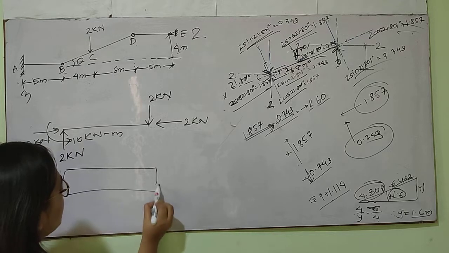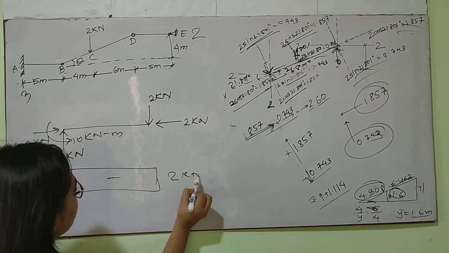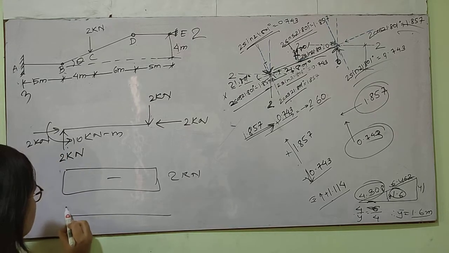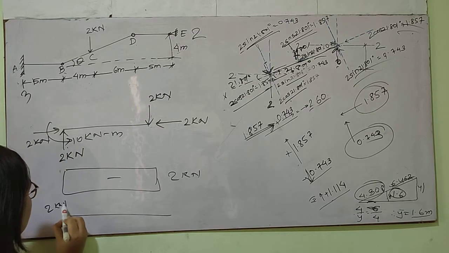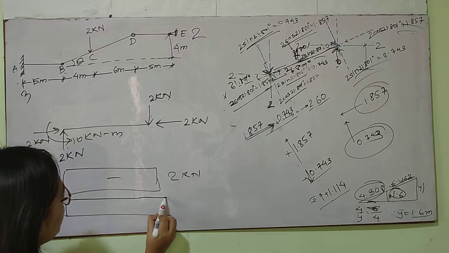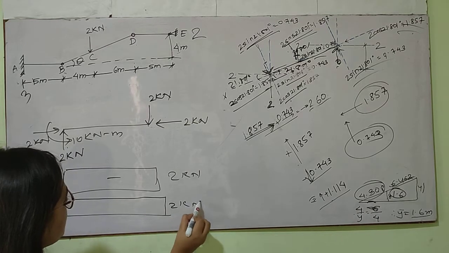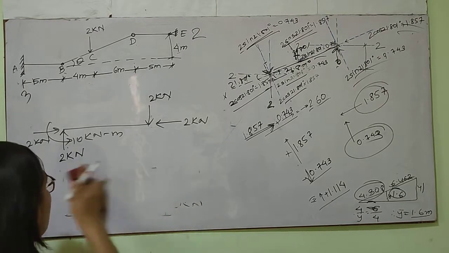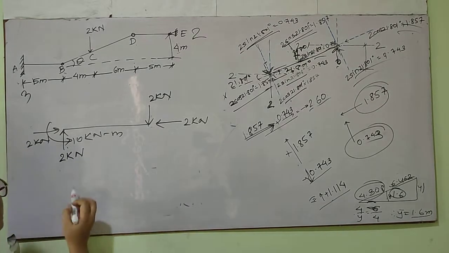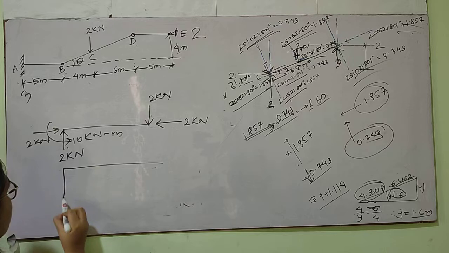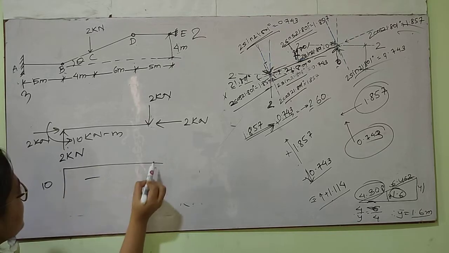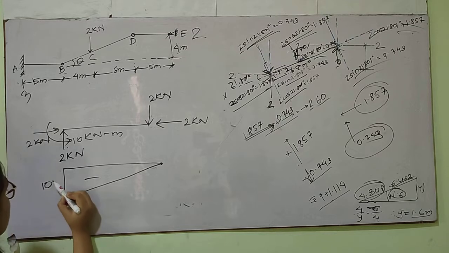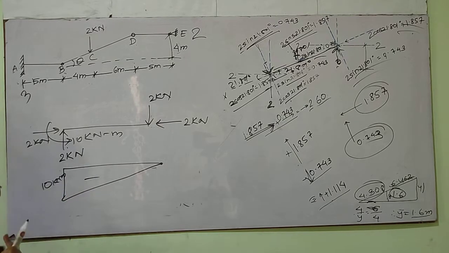It will be simply 2 kilonewton compression, and its shear force diagram, as this is left upward positive, it will go 2 kilonewton here and it will come here 2 kilonewton, so it will be positive. And this is the hogging bending moment, so the hogging moment 10 kilonewton will be downward, and since there is no moment here, it will be 0, so this will be 10 kilonewton meter.